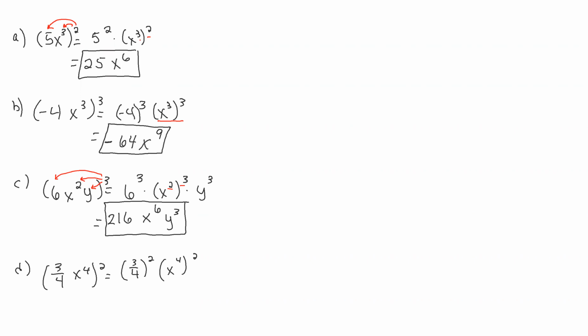So basically what happens here is the 3 is going to get squared and the 4 is going to get squared. And you're going to see this much more in depth in just a minute. We're going to talk about the quotient to a power rule, which is kind of like what we're doing here. Okay, so this is going to be 3 squared over 4 squared times x to the 8. So we just want to simplify it a little bit. We're going to get 9/16 x to the 8th.